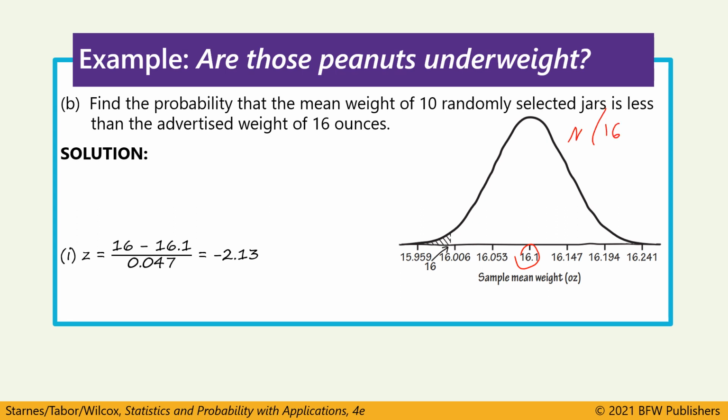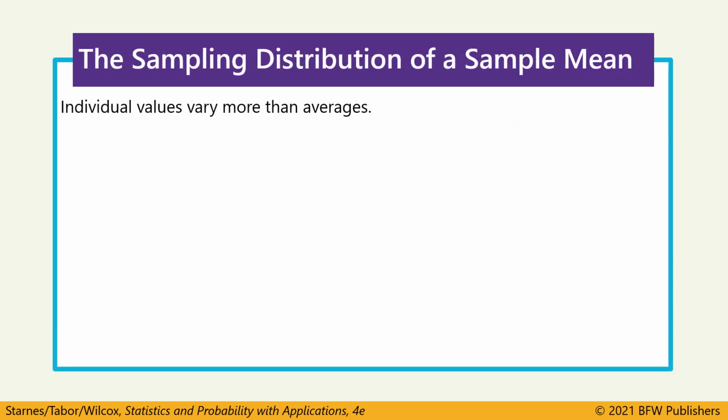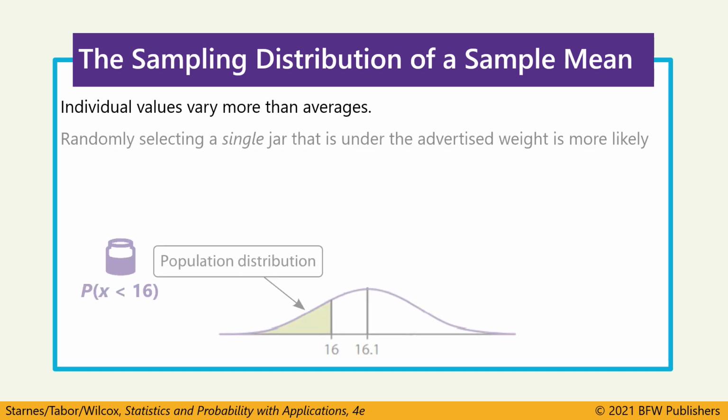So this is our distribution, and we want to find, is it unusual, or what's the probability of getting a peanut jar that has less than 16 ounces of peanuts in it. So we find that z-score, we look it up in the table, and we get our answer of 0.0166.